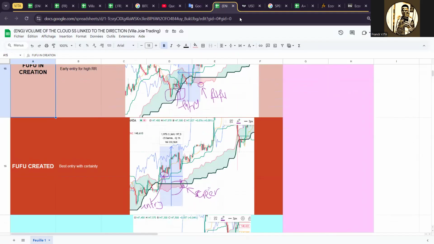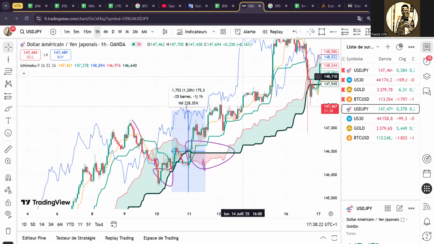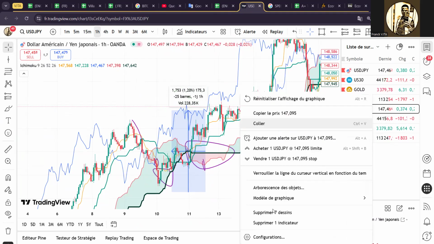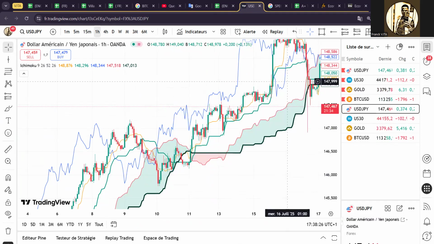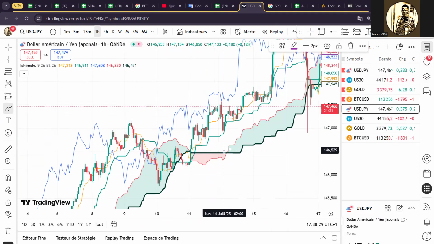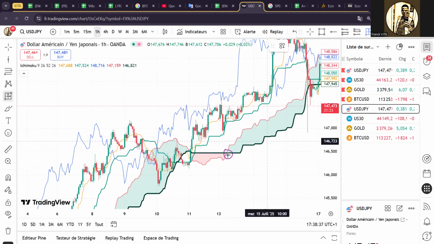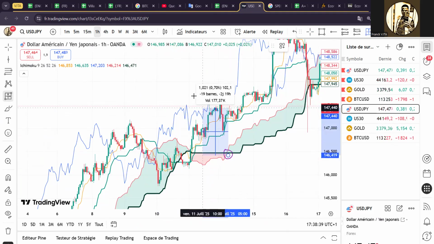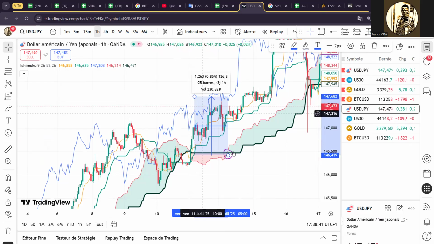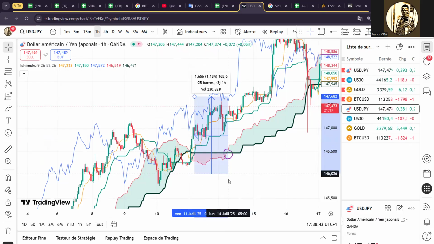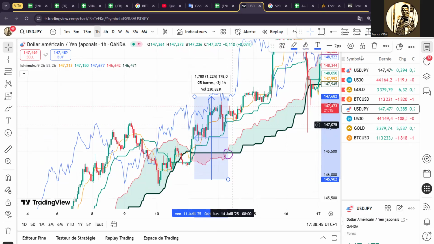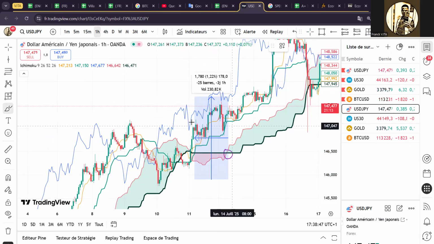Then the next one is when fufu is already created, right? When fufu is created, it is exactly at this point, and the candles are at this level. When you pick this, you will see 25 candles before, the candle is at this level exactly.